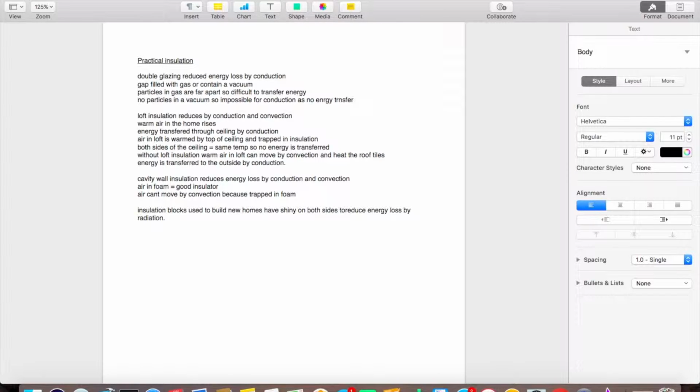Energy from the sun is reflected back to keep the home cool in the summer. Energy from the home is reflected back to keep the home warm in the winter.